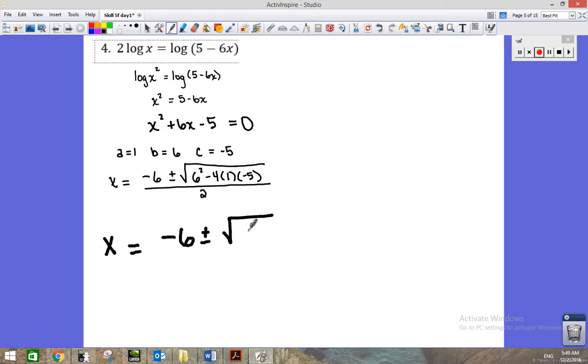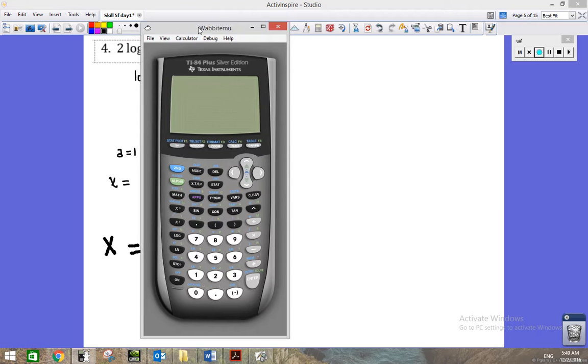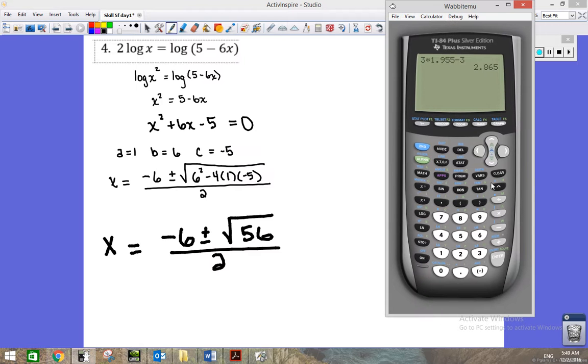So that's 56 over 2. Is 56 divisible by 4? Mental arithmetic is not my strength, but I think that's divisible by 4. Yeah, 4 times 14.